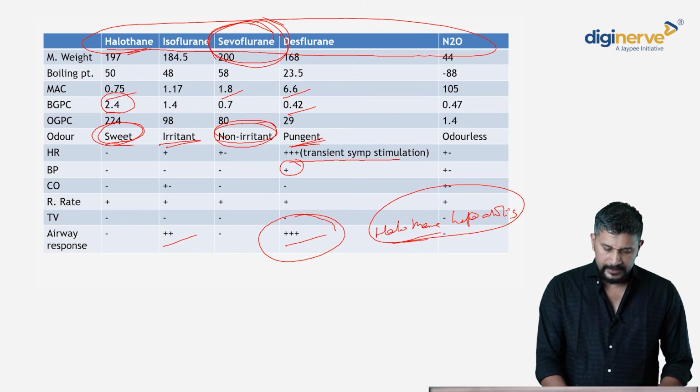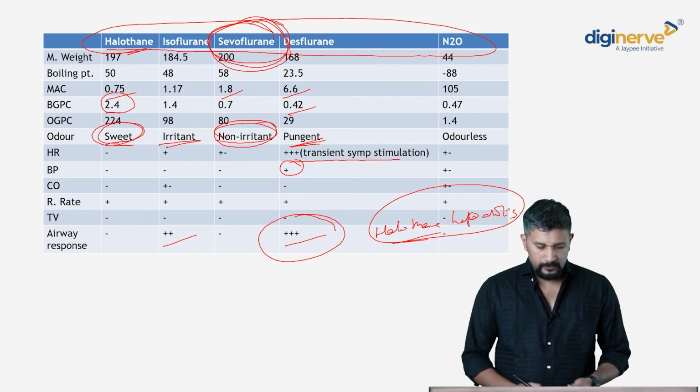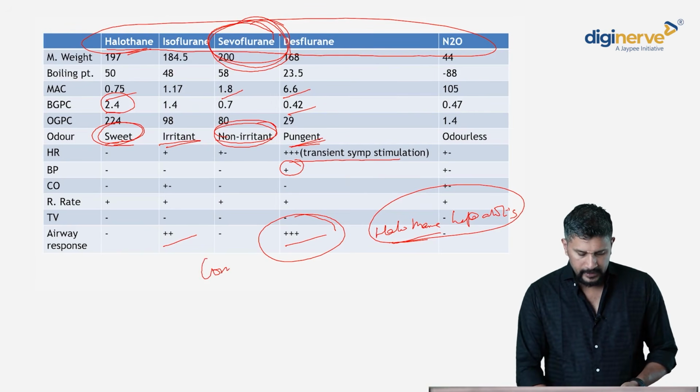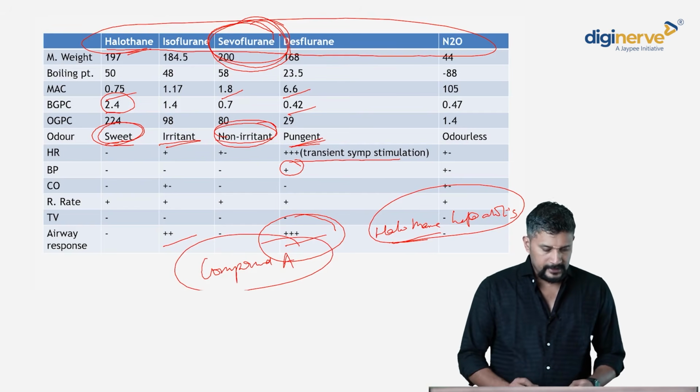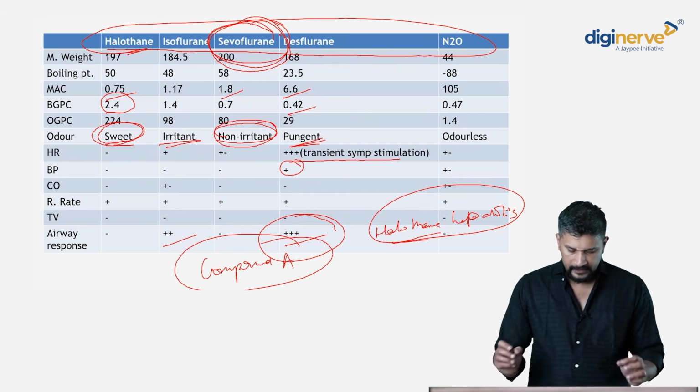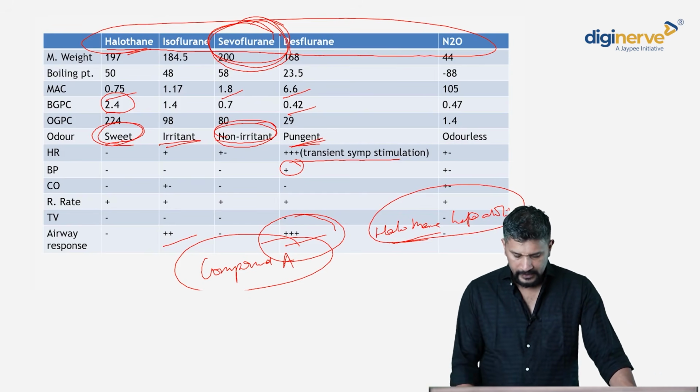Now, what about sevoflurane? The side effect is that it can generate a compound called compound A, and this compound A has significant nephrotoxic potential. So these are the significant side effects of some of the more commonly used inhalational agents.